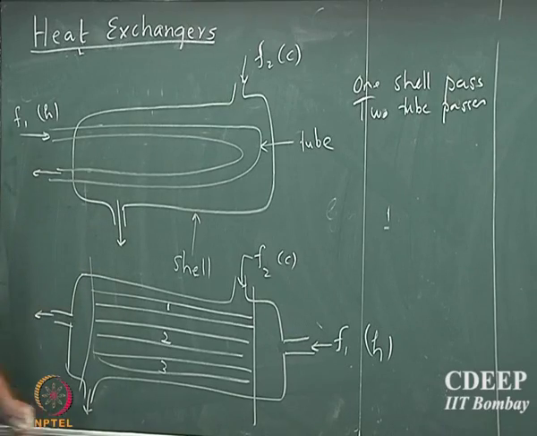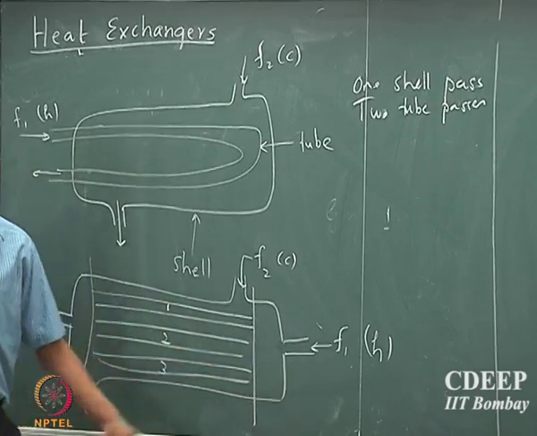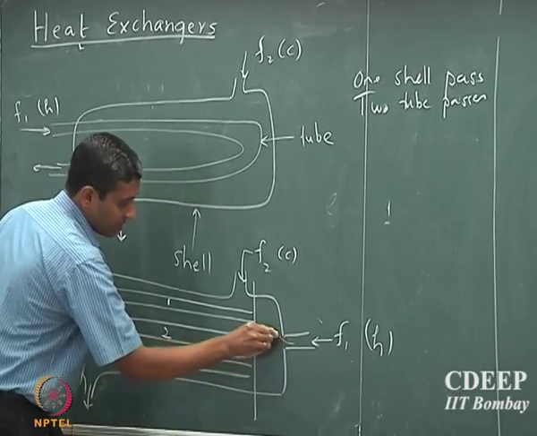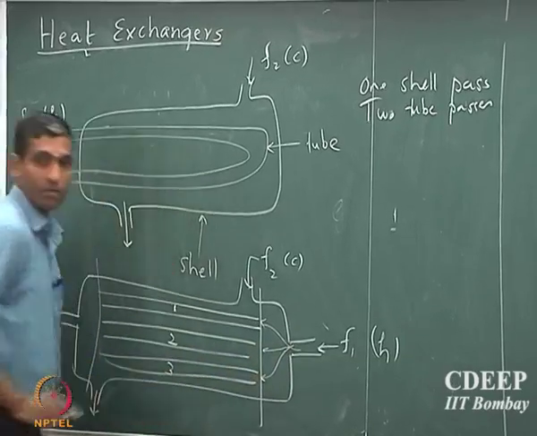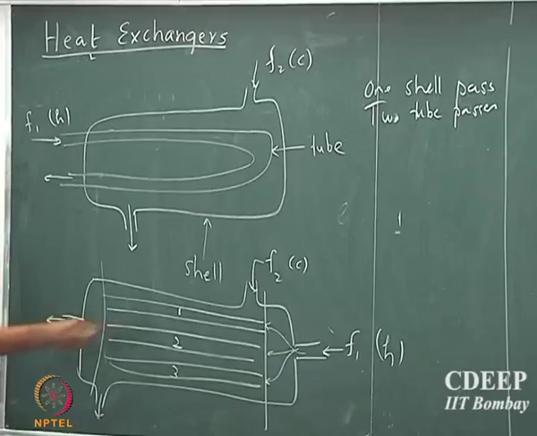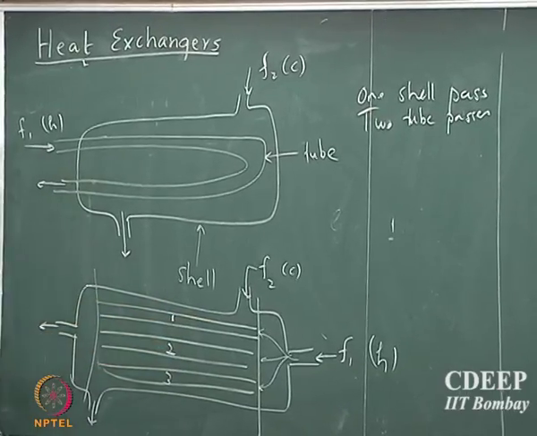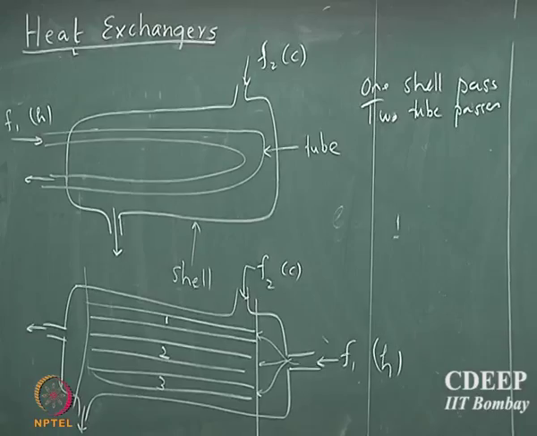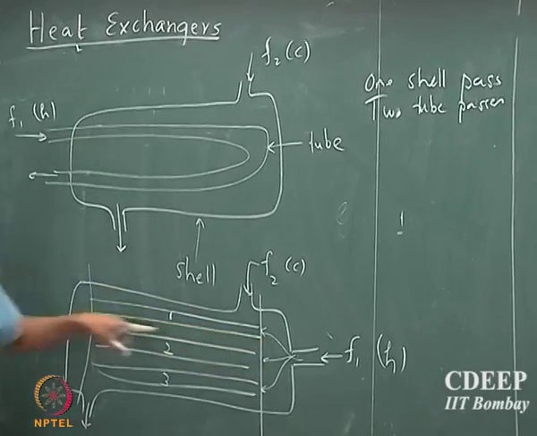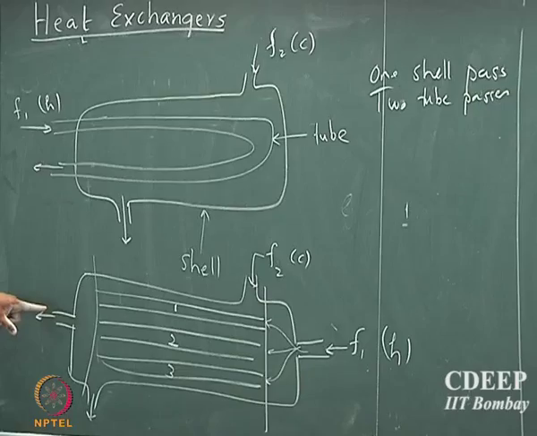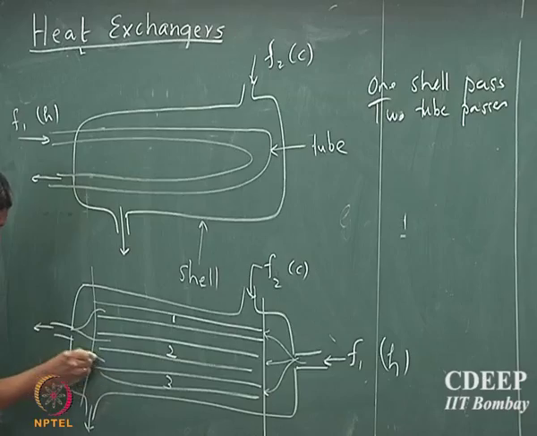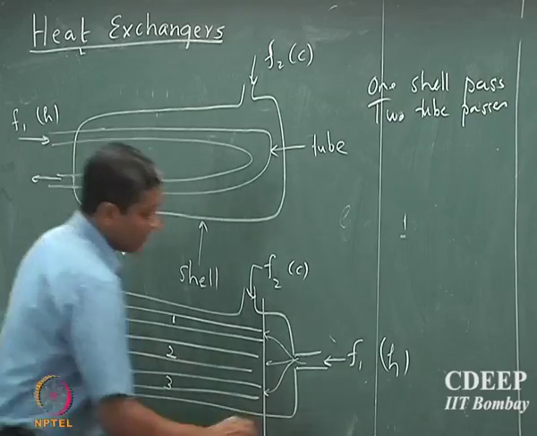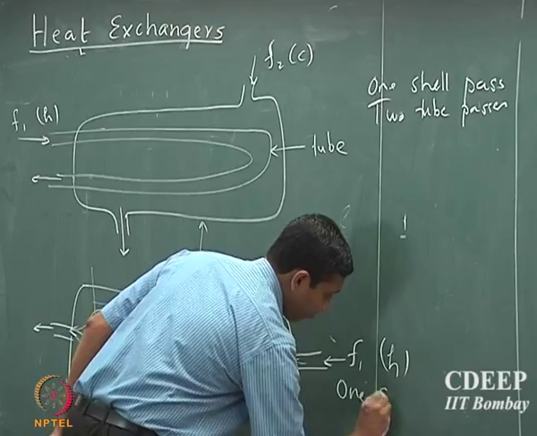So, here the hot fluid which comes into the shell and tube heat exchanger gets distributed into these three channels, okay, and then when they go through these tubes, they experience heat exchange only for one length of the shell. Okay. So, then they come out, they go out together. So, this is what is called one shell pass and one tube pass.